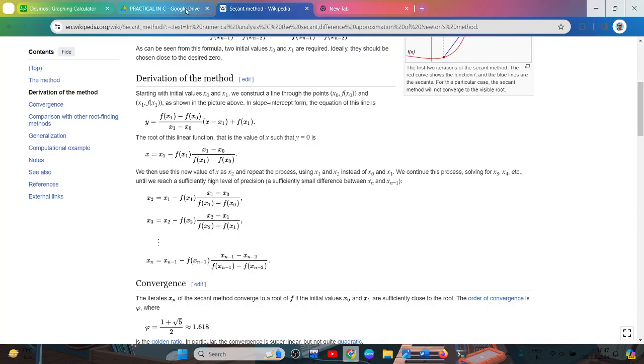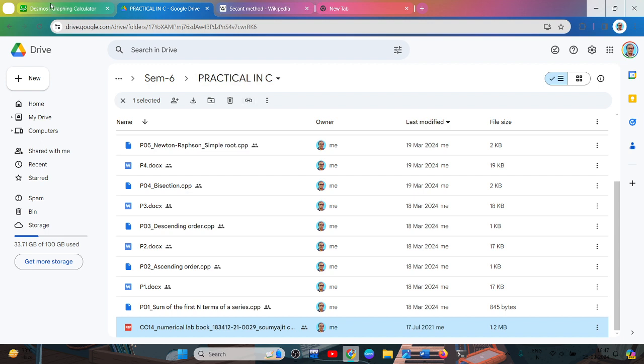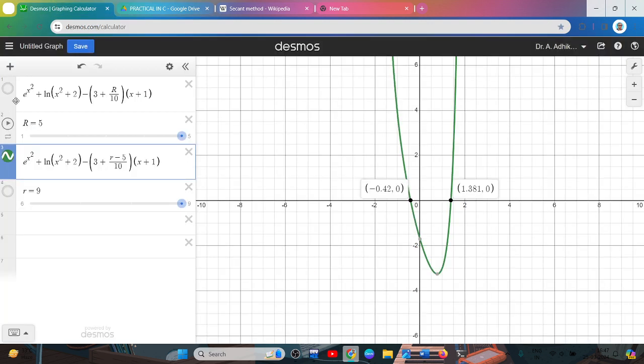Now we apply the Desmos app. First, the function is x e to the power x square plus ln of x square plus 2, minus 3 plus r by 10 into x plus 1, and r runs from 1 to 5.